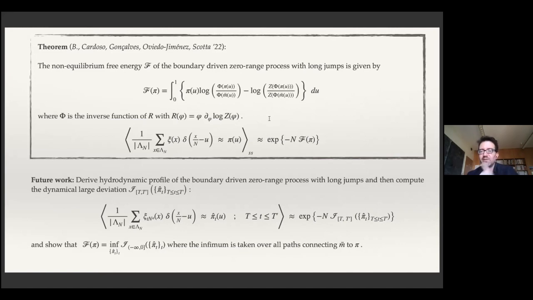But at least, I think it is one of the first models with super diffusive behavior for which we have some explicit formula for the non-equilibrium free energy.